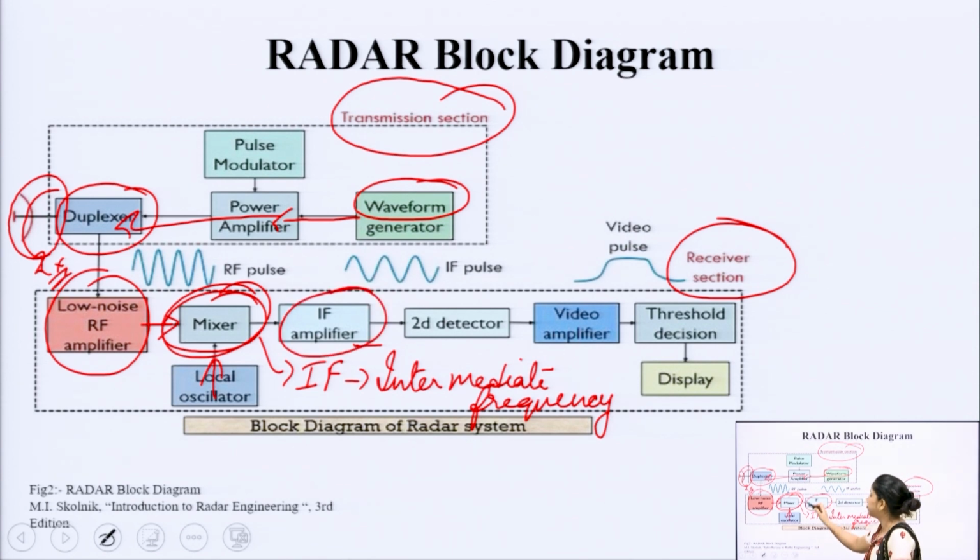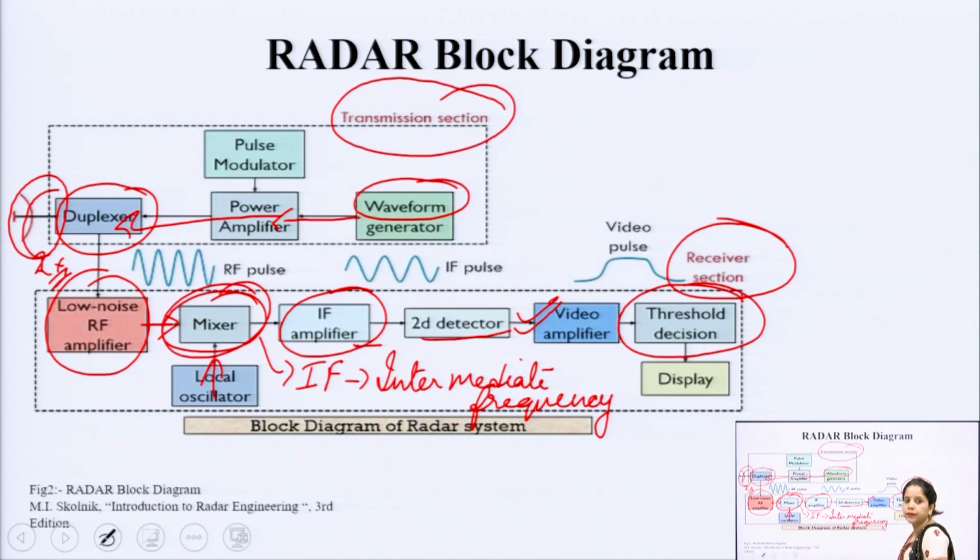So, the IF amplifier amplifies the signal, then the second detector will detect the signal and change it into a form acceptable to the receiver section, then the video amplifier further amplifies the signal, and after that there is a threshold decision.